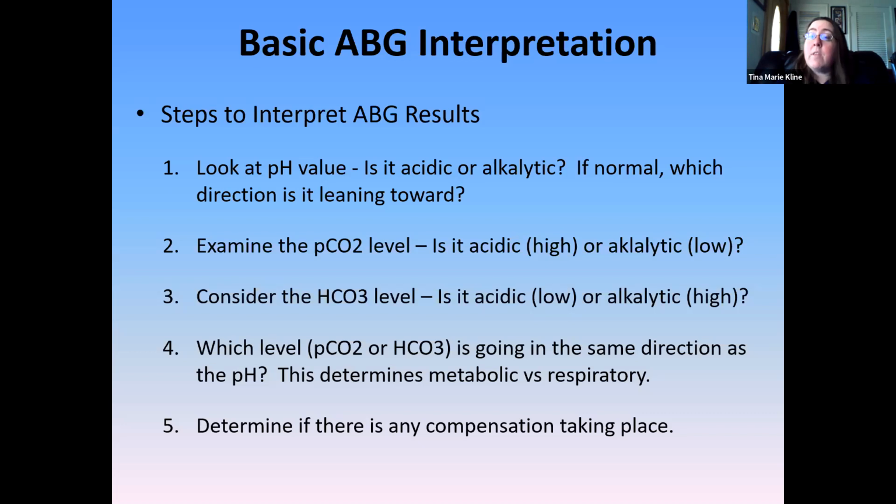Okay, the key with us, since we're dealing with respiratory problems, is we need to keep that patient alive long enough for those kidneys to start compensating. So what you will see, just to kind of put this all into perspective, in a stable COPD patient, they are chronically in a compensated respiratory acidosis.